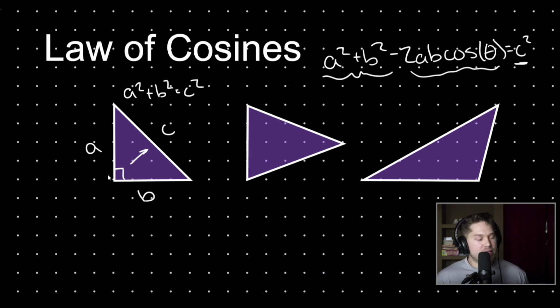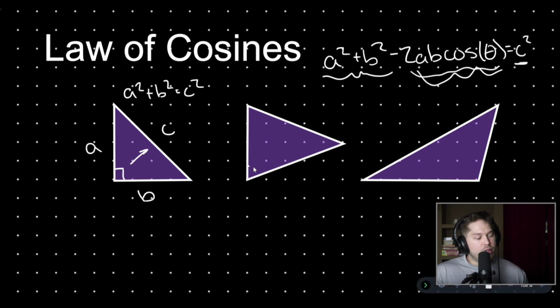What angle is opposite c here? Well, it's a right angle, and cosine of 90 degrees is 0. So this full term would go to 0 and leave us with a squared plus b squared equals c squared. So the law of cosines still works for right triangles.